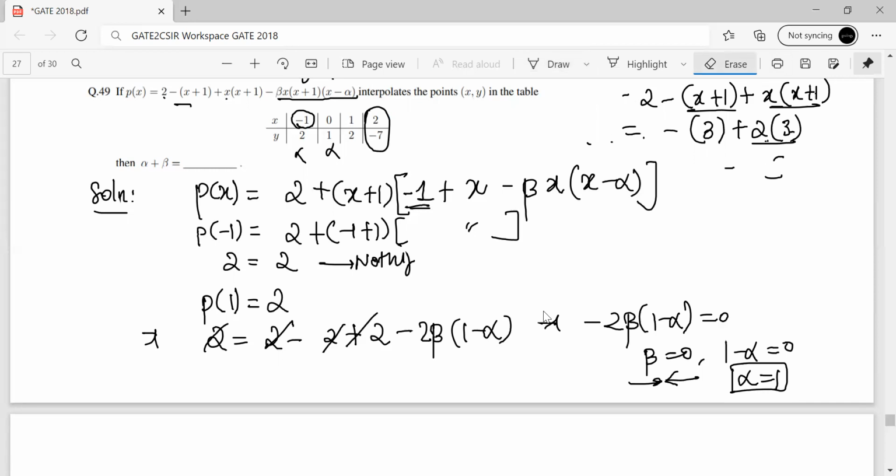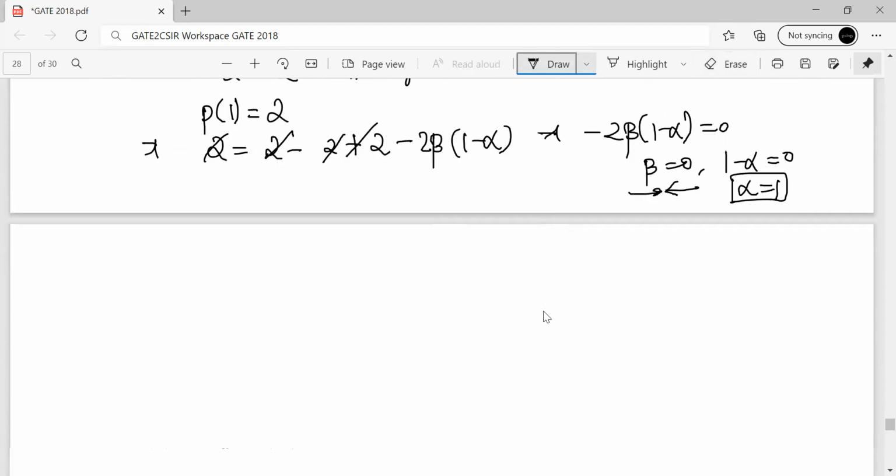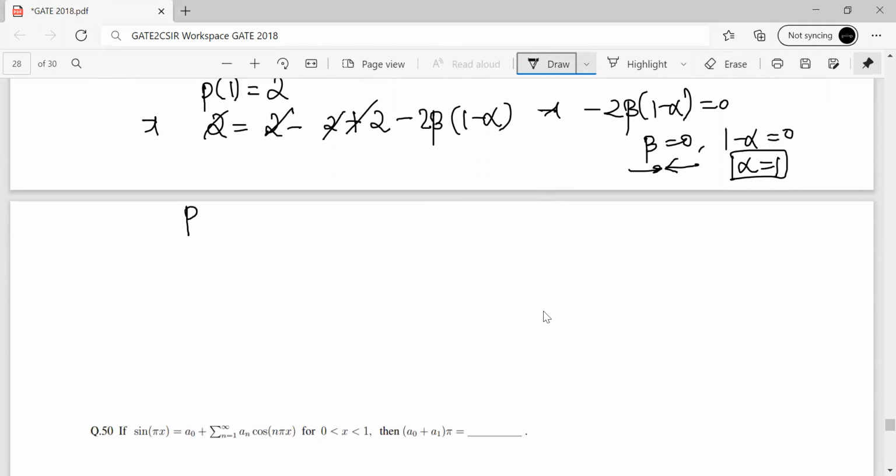So that means we have to solve one more equation, and that will finalize it. So alpha is 0. Now let us take the equation which was pending. P of 2 is minus 7. Now let's solve this.